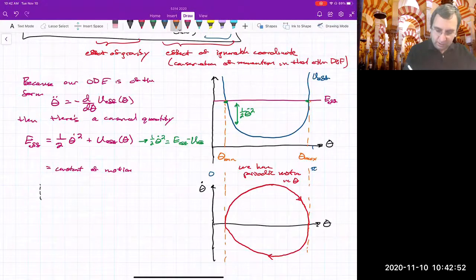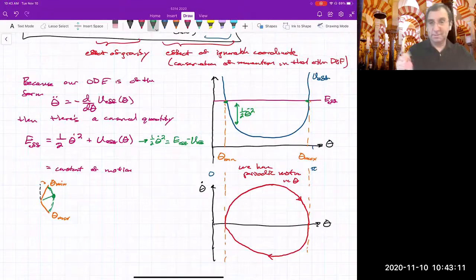Think about what this looks like in terms of the motion of the pendulum. There's a minimum and a maximum, because we're defining theta this way. And this pendulum bob will just sort of be going between these two in a periodic way in theta.